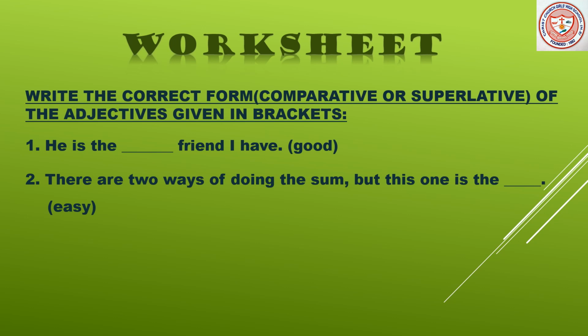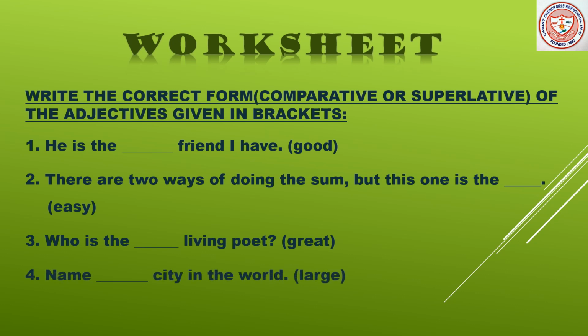There are two ways of doing the sum, but this one is the dash within bracket easy. Number 3. Who is the dash living poet? Within bracket great. Number 4. Name dash city in the world. Within bracket large. Number 5. Your knife is sharp, but mine is dash within bracket sharp.